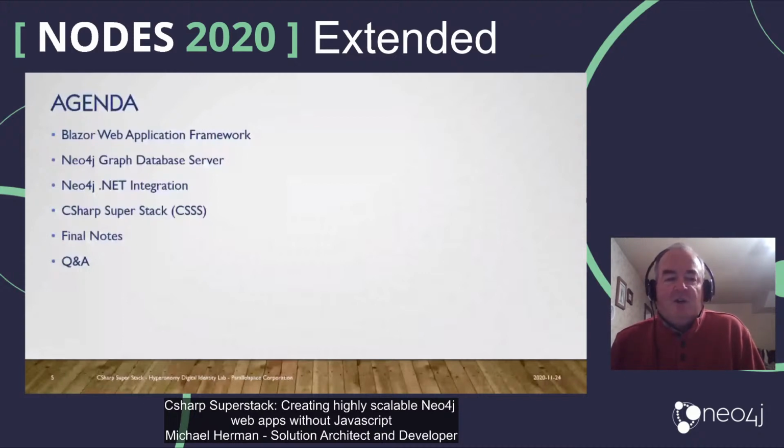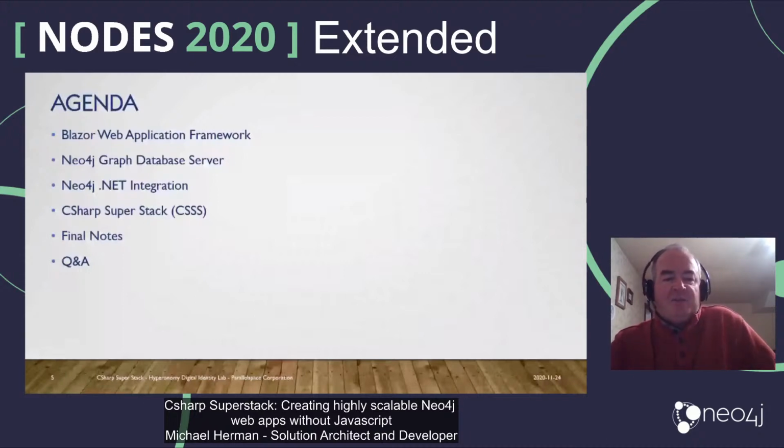For those that are newer to the Neo4j platform, I've got just a few slides on the graph database server, and then as Chris alluded to, I'm going to talk a little bit about the work that he's done on the Neo4j.NET integration, how the driver works a little bit. And then we'll look at how all this comes together to create the Csharp Superstack. I do have a fair number of slides, but I also have 3 demonstrations of live code that I'm going to show you as well.